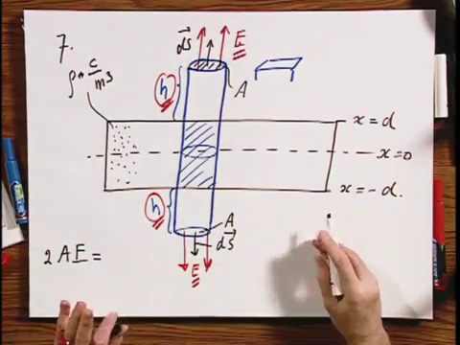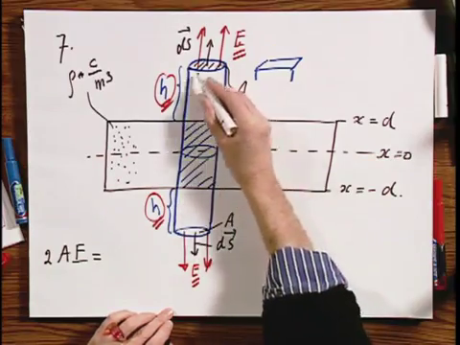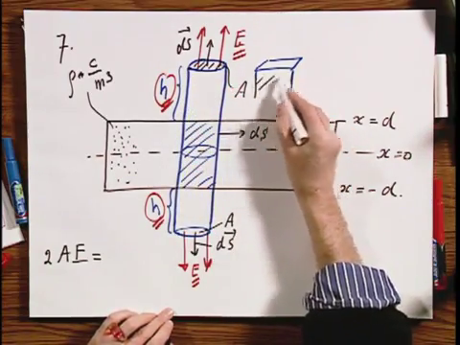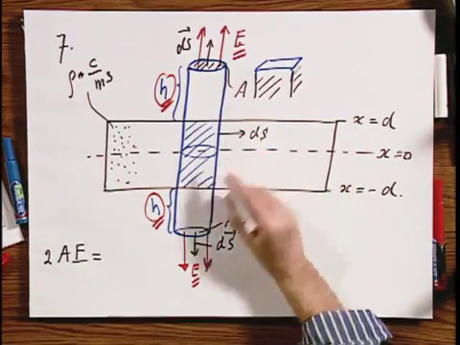Well, maybe I am forgetting something. How about the flux escaping from the sides? How about the flux escaping from the cylindrical surface? Well, that flux is 0, for the reason that dS everywhere on the surface of this cylinder, and even if you had chosen this box, everywhere on these vertical surfaces, dS and E would be perpendicular to each other.